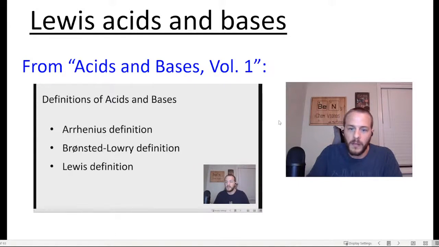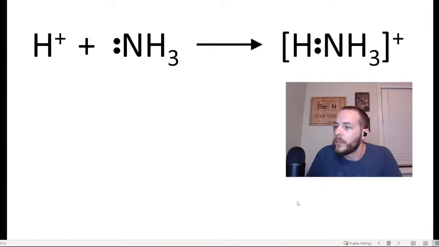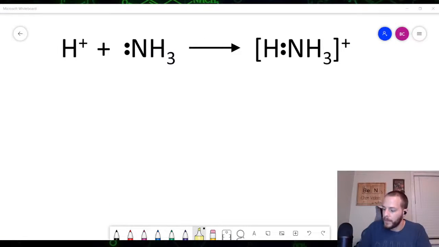So let me take you to the whiteboard, actually. I'm going to take you guys to the whiteboard to introduce this topic. So here we go. So here we're at the whiteboard. And so I want you to consider this reaction right here, where we have H+, a proton, reacting with NH3, that's ammonia, which, as we know, is a Bronsted-Lowry base, to form the ammonium ion, which is NH4+.